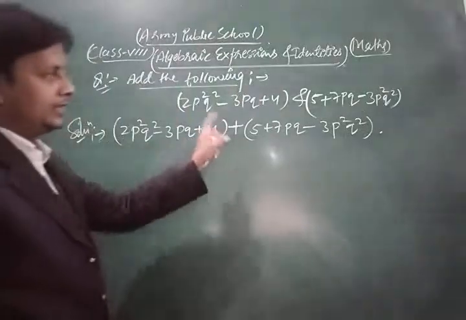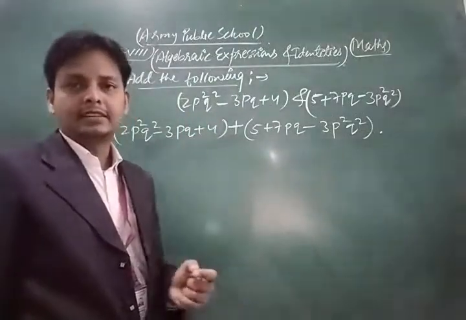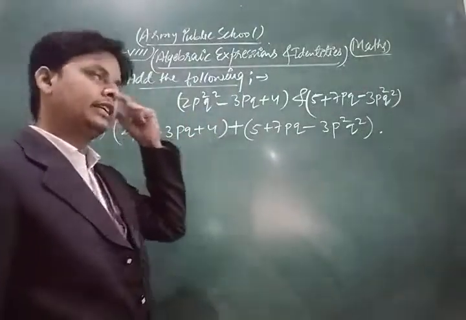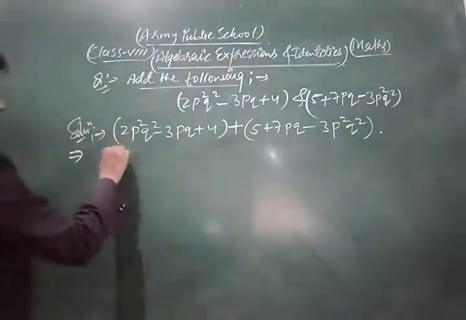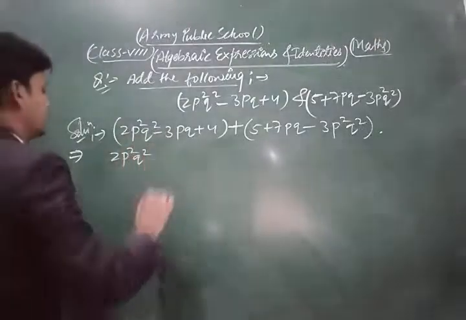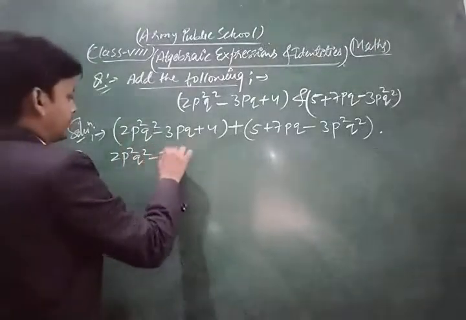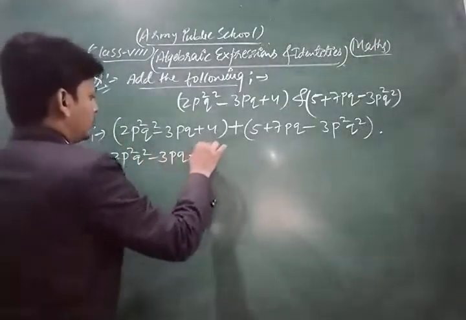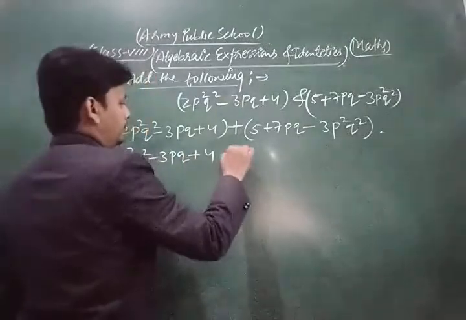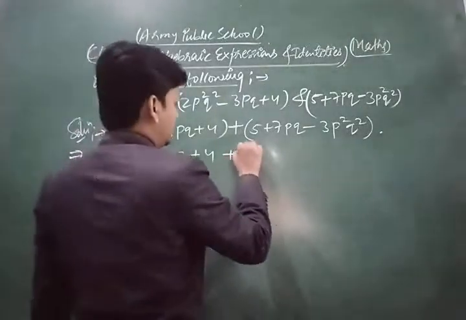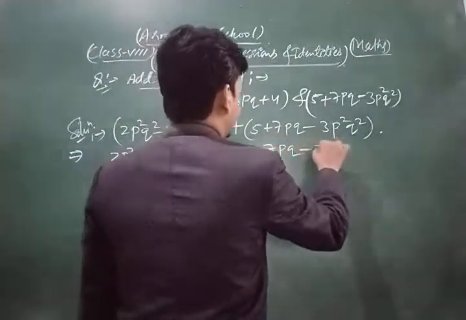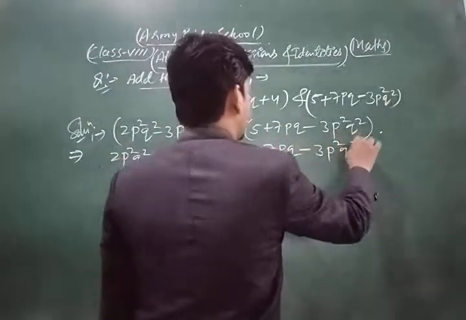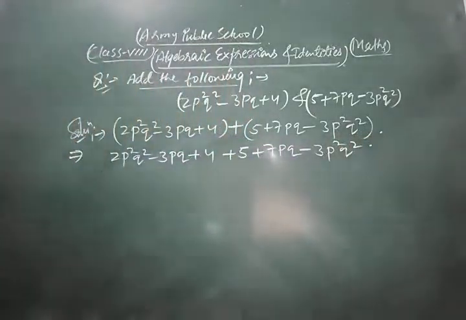First of all we break the brackets, and after that we collect the like terms. So we can write 2p square q square minus 3pq plus 4, plus 5 plus 7pq minus 3p square q square.